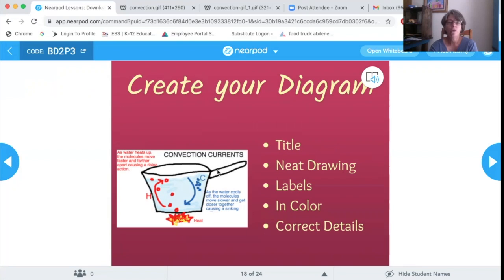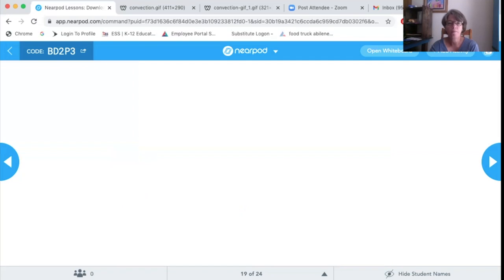Okay, now your drawing is going to be neat. It does not have to be of a liquid convection current. It could be any convection current. So you're going to have your labels of your more important concepts. You're going to have your description or your details. You're not writing everything; your drawing should take up the most space. Okay, so that's one of the 3 things that you're going to be doing for me.